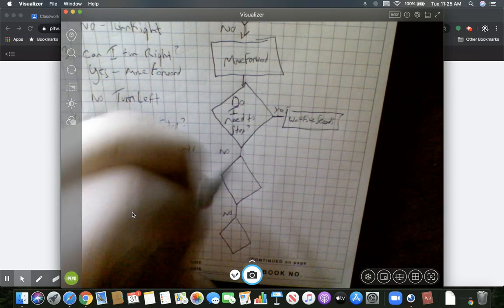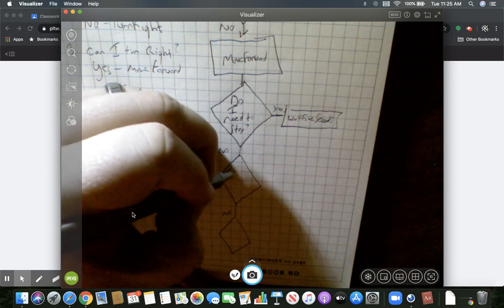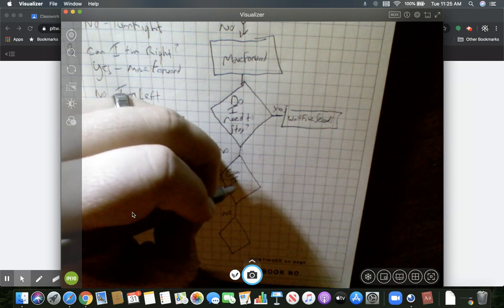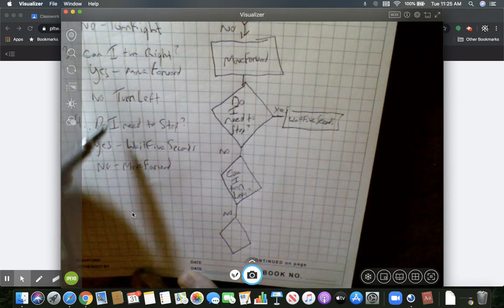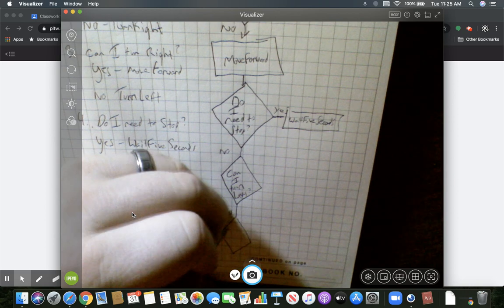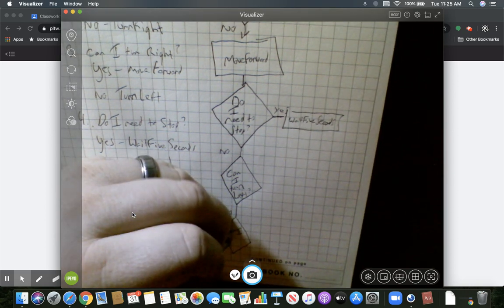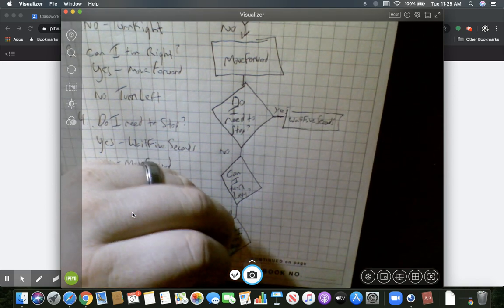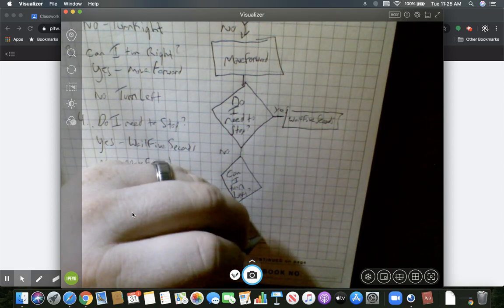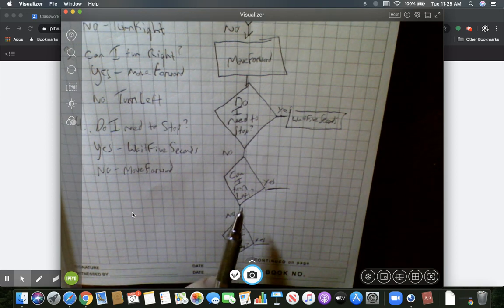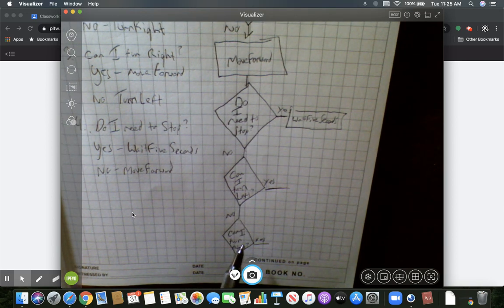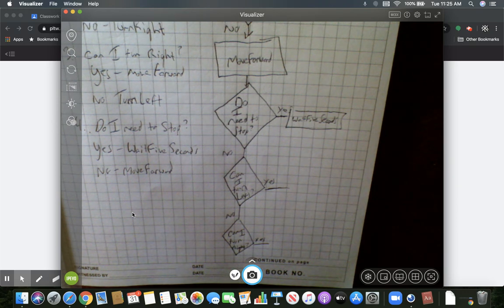The next two questions were, can I turn left? And then the other one was, can I turn right? I'll put the yeses there. So if I can turn left and if I can turn right, then what I'm going to do is simply either move forward, or turn left, or turn right.